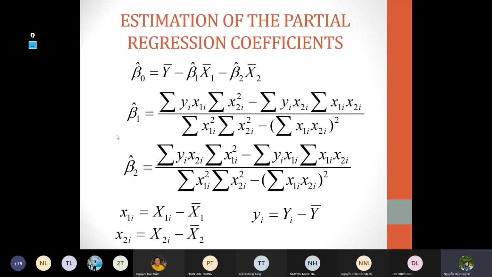Imagine how you would do it. Is it an easy task? Yes, it is an easy task when you have to calculate the values of beta 0 hat, beta 1 hat, and beta 2 hat.